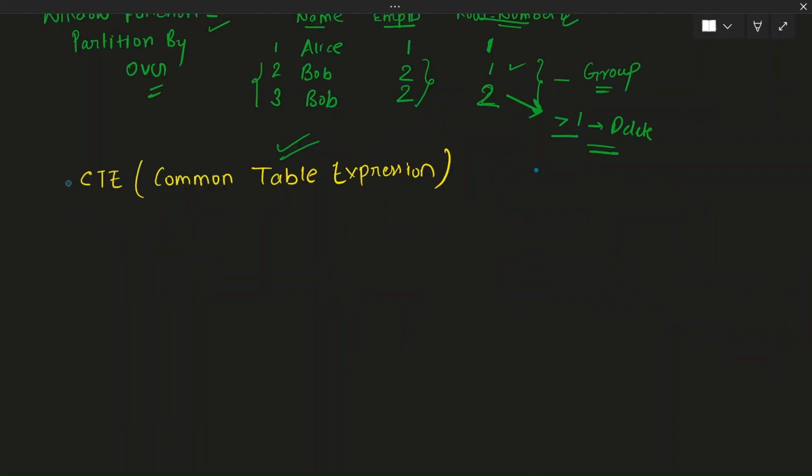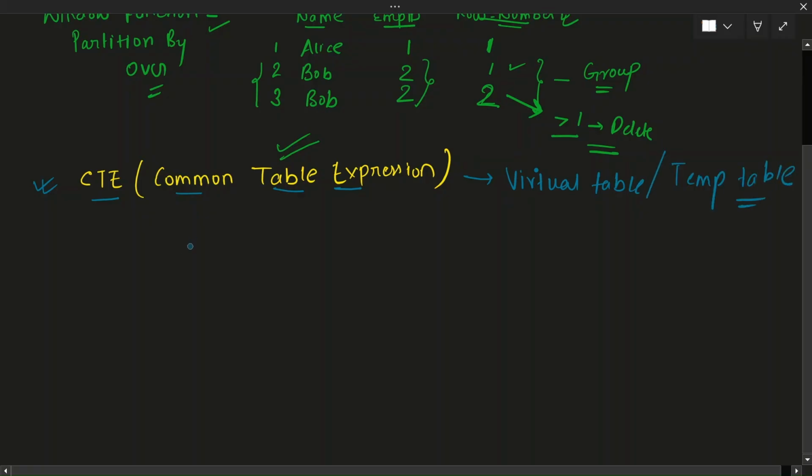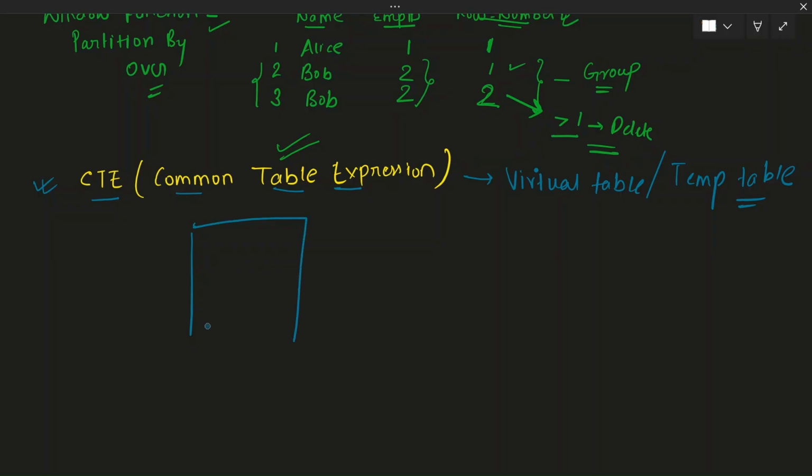One more concept that is important to learn before proceeding to the SQL query is CTE in SQL. It stands for Common Table Expression. In easy language, we can simply consider it a virtual table or a temporary table. As the name suggests, in our use case, let's say we are defining a box and we are using some SQL query inside this box.